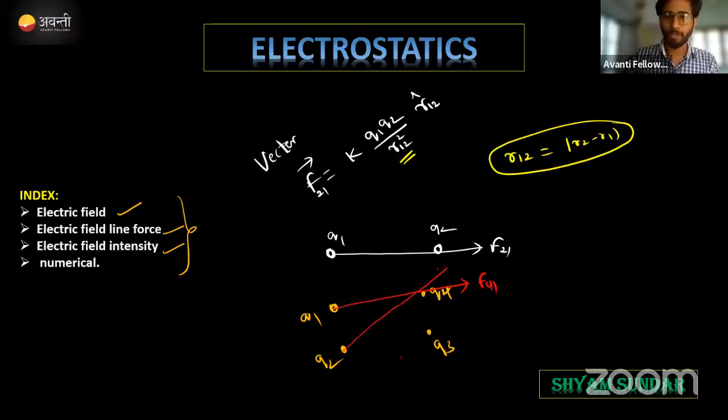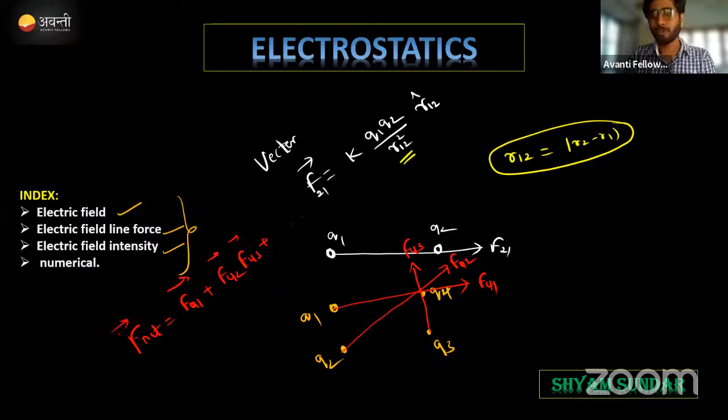From Q2 also it is acting here, F4 due to 2, and Q3 also acting here, F4 due to 3. Like this we need to mention first. After that the net force can be written as F4 on 1 plus F4 by 2, F4 on 3 plus like that up to n number we need to add. This is the principle of superposition.